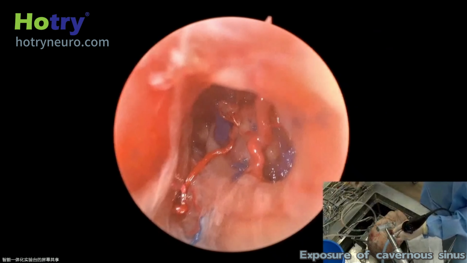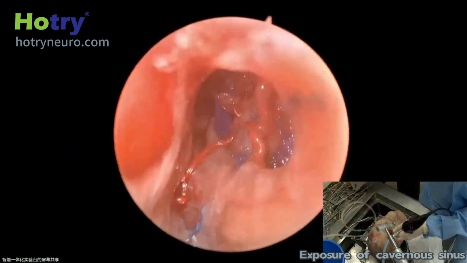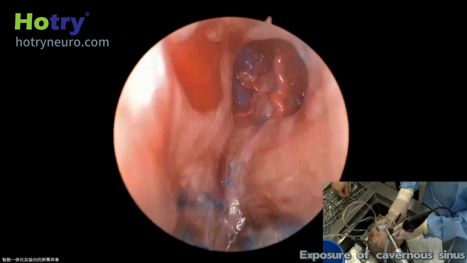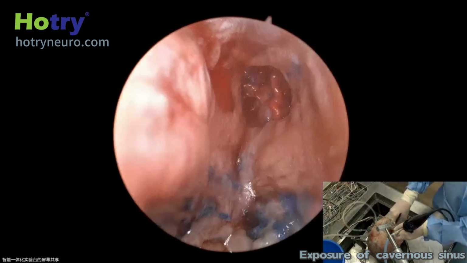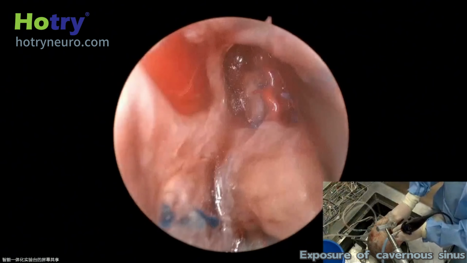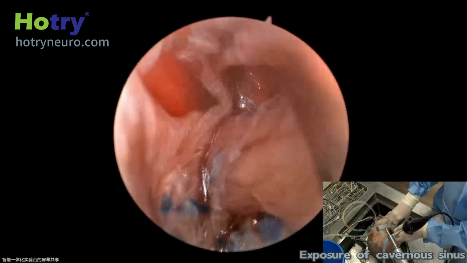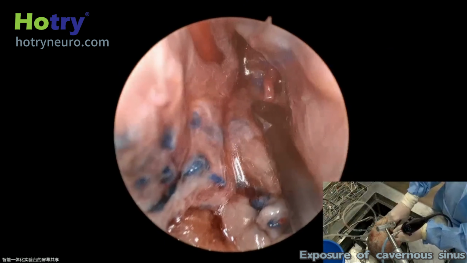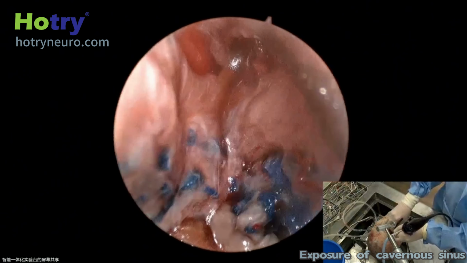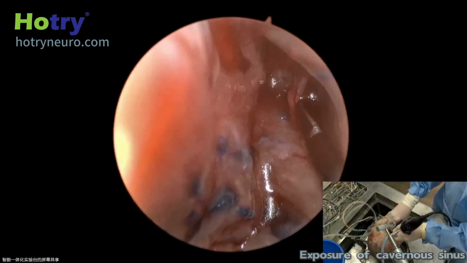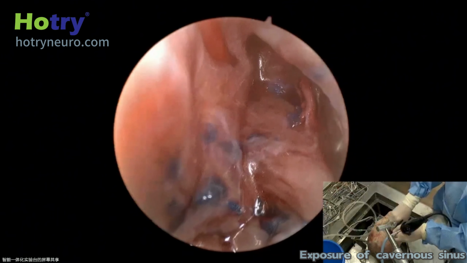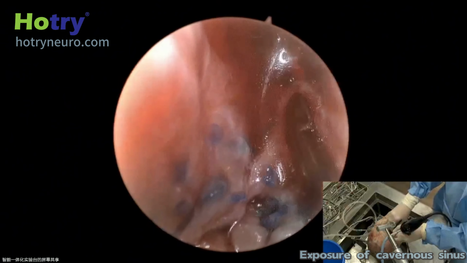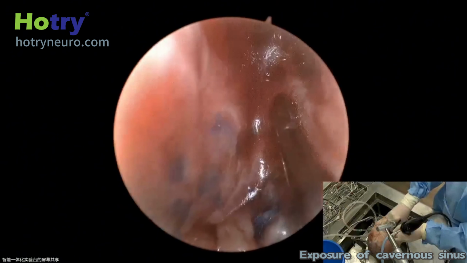Now after removing the cast, you can see an artery coming out from the carotid artery, a branch within the cavernous sinus. I think it's likely to be the inferolateral trunk. It supplies the lateral wall of the cavernous sinus, including V1.